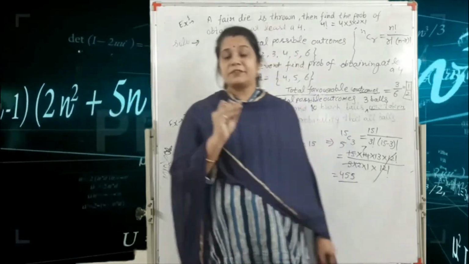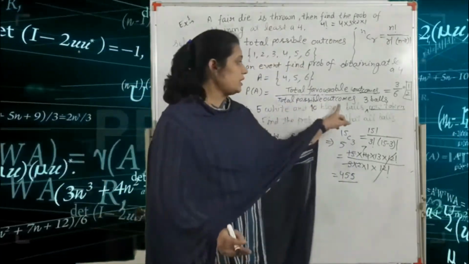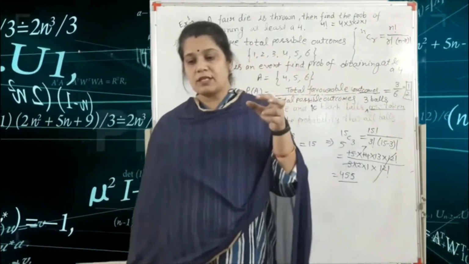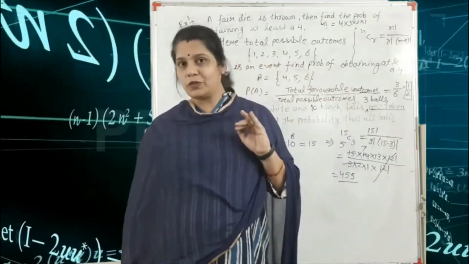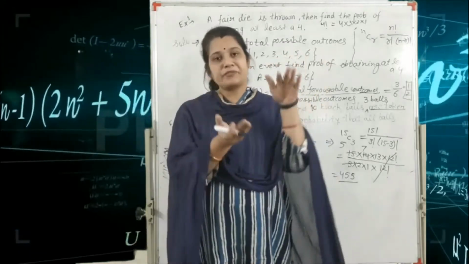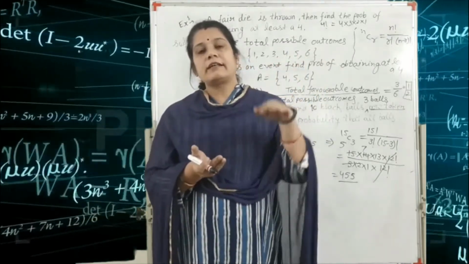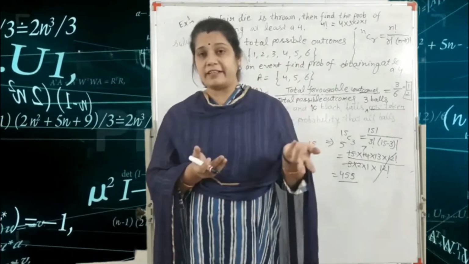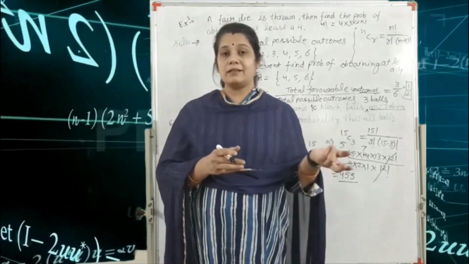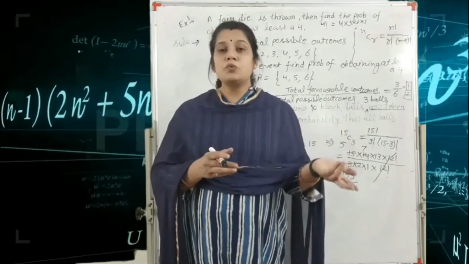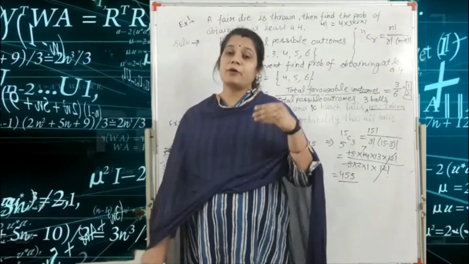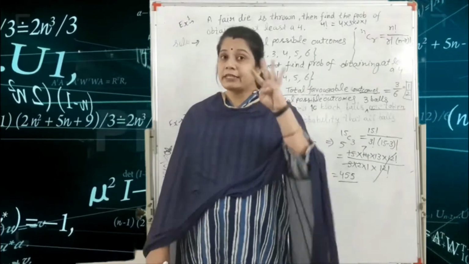But we find that 3 balls are taken out and all these 3 balls are black. We have 15 balls and we randomly take out 3 balls. So maybe 3 are white, 3 are black, 1 black and 2 white, or 2 black and 1 white. But we find the probability for getting 3 black balls.